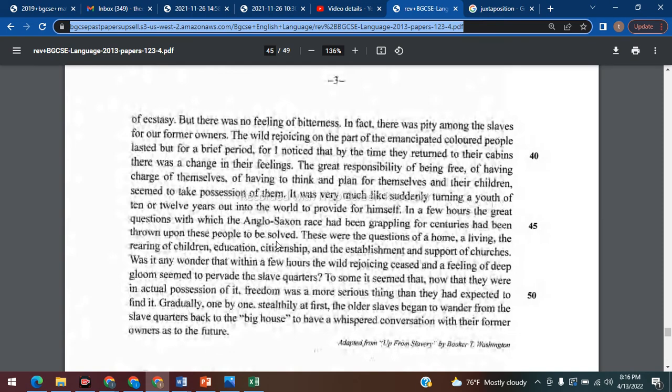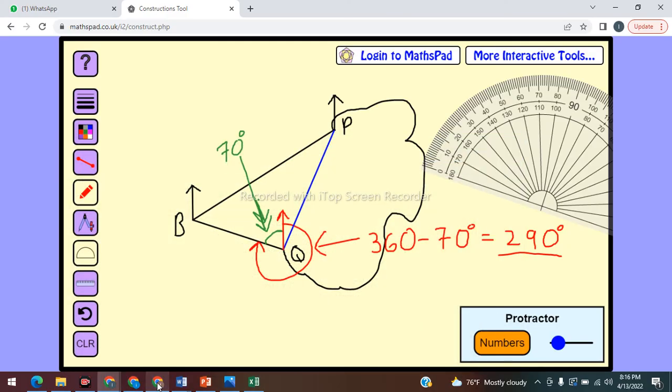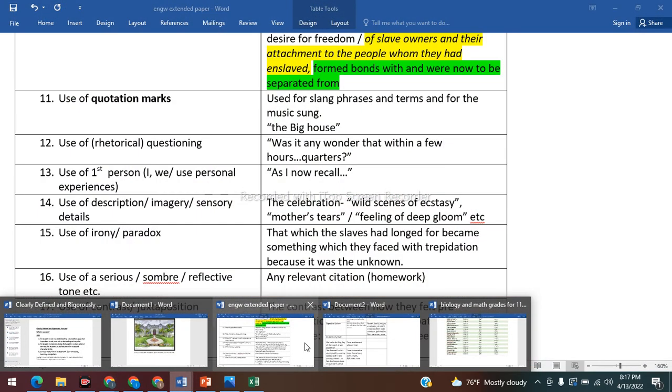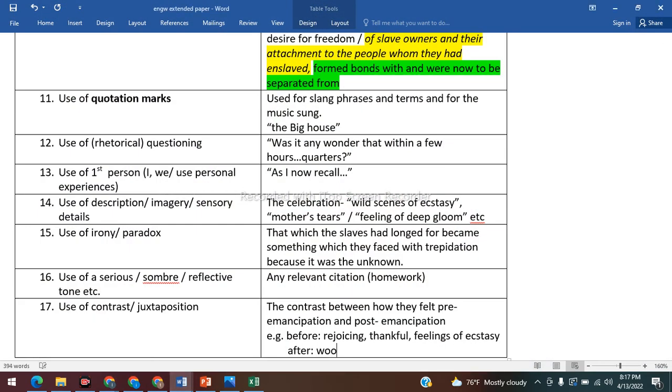Thrown upon these people to be solved, these questions of a home, a living, rearing children, education, citizenship, and the establishment and support of churches. All these things are inside their heads now. So without a shadow of a doubt, of course they're worried. Can we say perplexed?